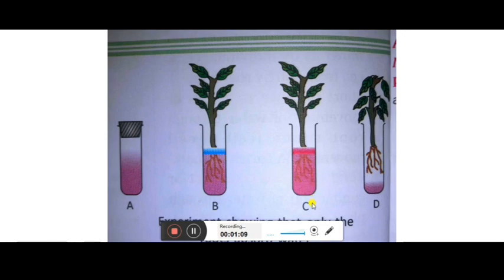The C test tube has the same amount of water and a twig of balsam plant, but one more thing is added, that is red ink, and the oil is also put like in test tube B. Then the D test tube has a very little amount of water, and the twig is not in contact with the water.